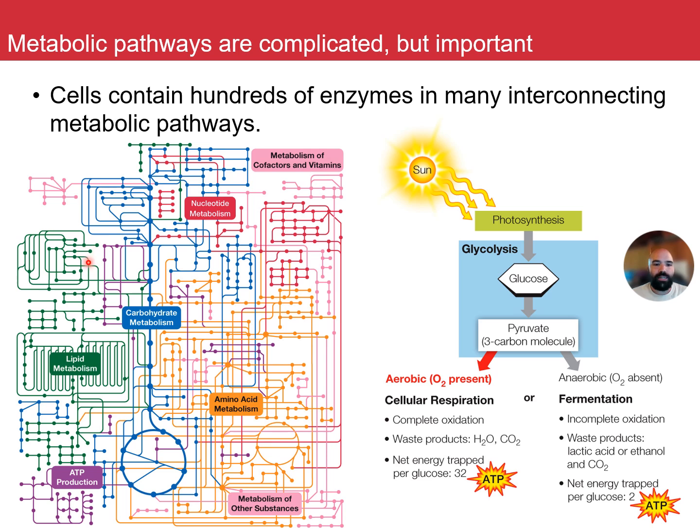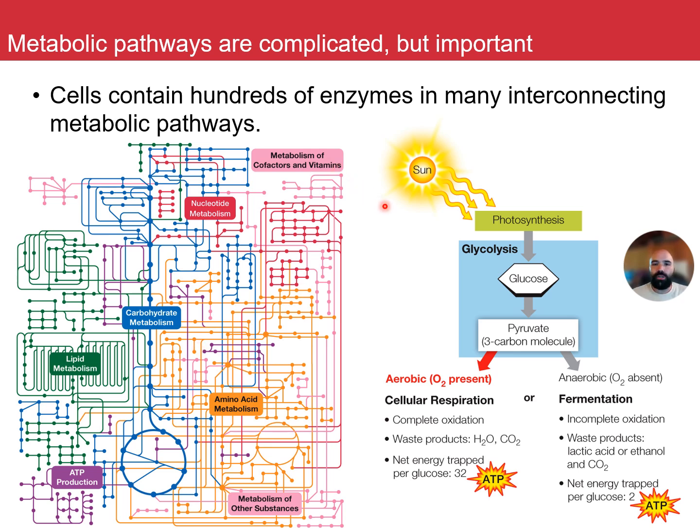Each dot here is a different intermediate. Each line is a different enzyme catalyzed reaction. You can see that they're all interacting, and it is very complex. We're not going to deep dive into metabolic pathways too much, but this just gives you an idea of how much there is to learn about cell metabolism.